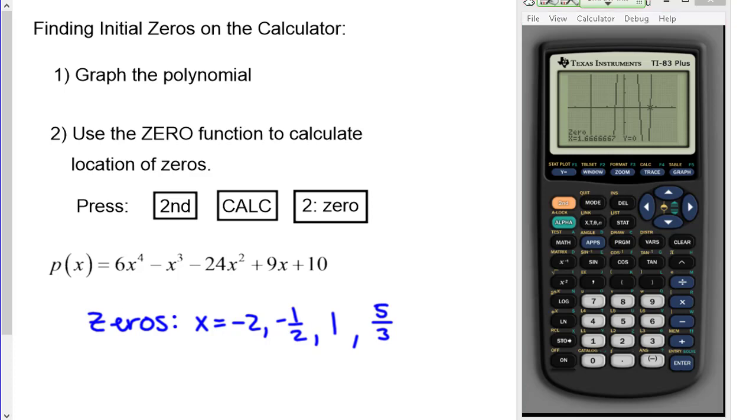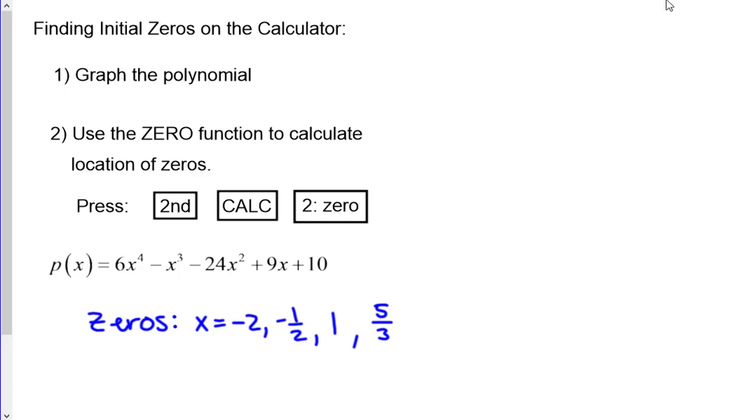So that's how we use the calculator to get initial rational zeros. Just graph the function, look for the ones you can. I recommend just, get the ones that are integers and then factor those out. If you have just 2 remaining, just get it down to a quadratic and then factor.